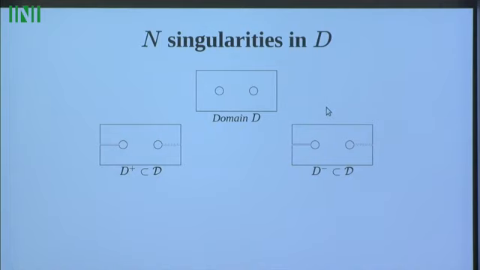So here I'm going to construct the manifold D in the case where we have only two singularities. So what we can do is just remove the singularities and replace them with little holes like this. And as I said, the variety rounded D can be defined as a two-sheet cover of D. So I have one cover here, one cover here, and then we have to glue them together in order to reconstruct our manifold.